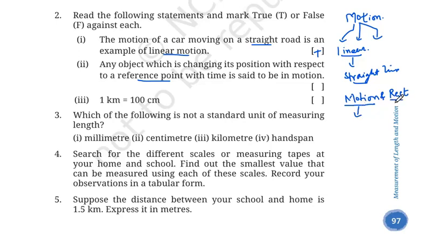And when an object does not change its position with respect to its immediate surrounding or a reference point, then it is said to be at rest. So here it is changing its position with respect to a reference point, so clearly it is said to be in motion. So this is true. Now, the third one, 1 kilometer is 100 centimeter, false.